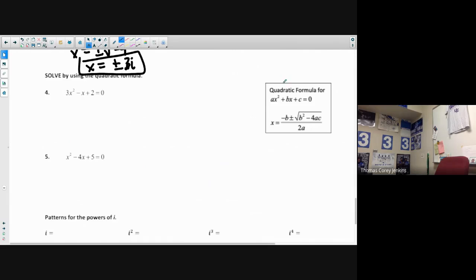As you can see, we're going to solve using the quadratic formula here. Your first thought should probably be, how do I factor this? If this were on a test, we'd be thinking, what's going to multiply to equal 6 but add to -1?